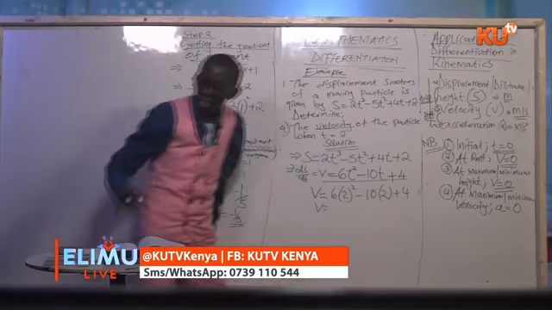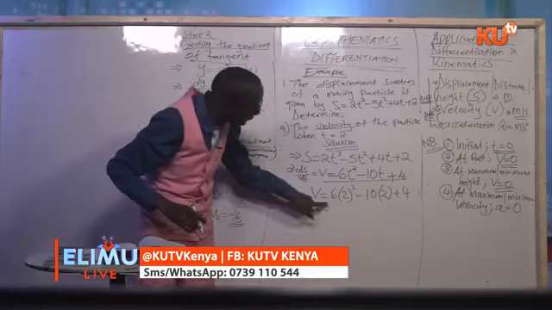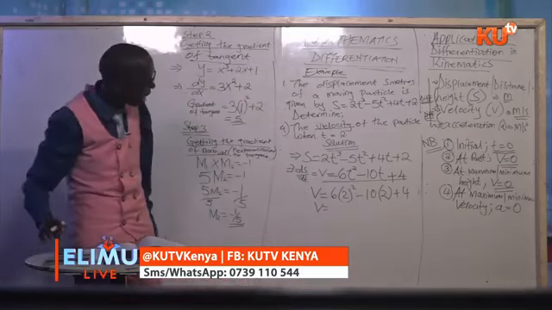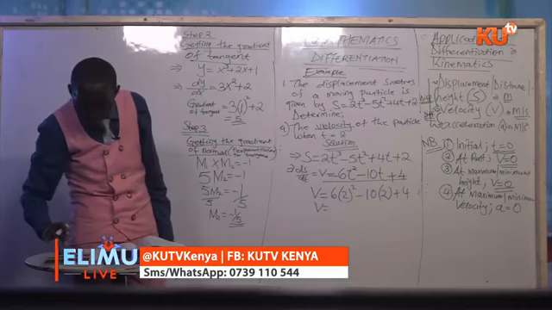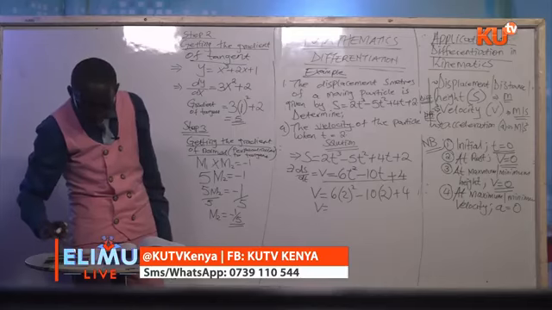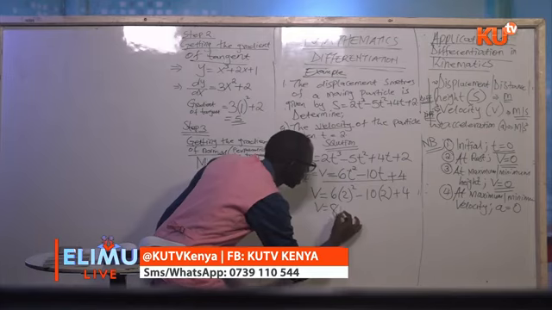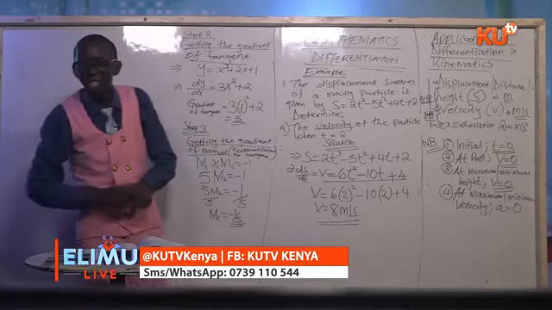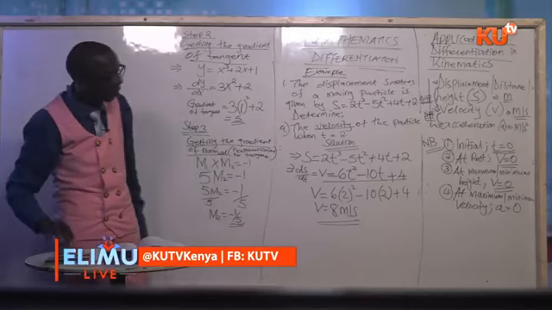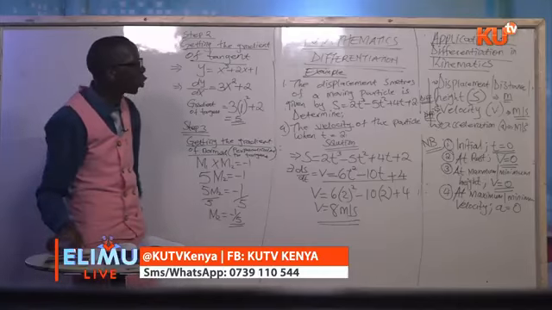When you calculate, you just press in the calculator and insert the values the way they are: 6, 2 squared minus 10, 2 plus 4. It's giving us 8 meters per second. That is the velocity of the particle when t is equal to 2.